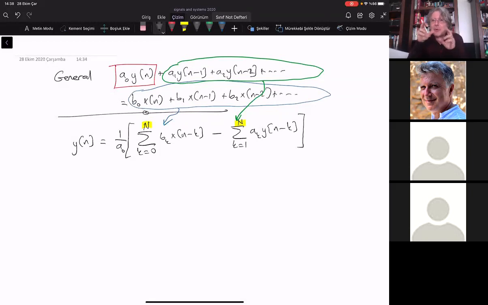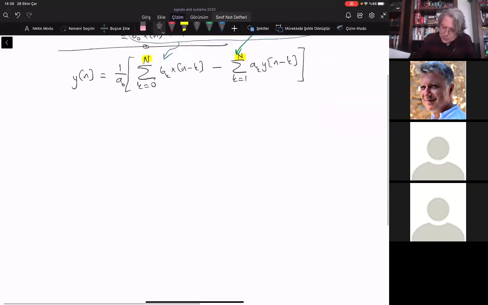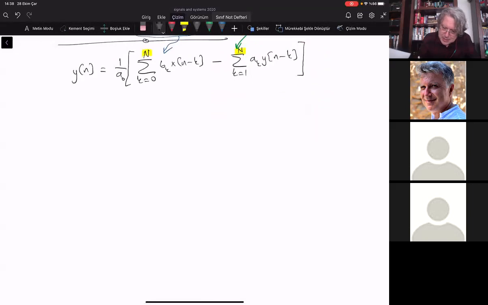It's a little bit more tricky and complicated than the other case. Because when we try to implement this, it's going to be like this.